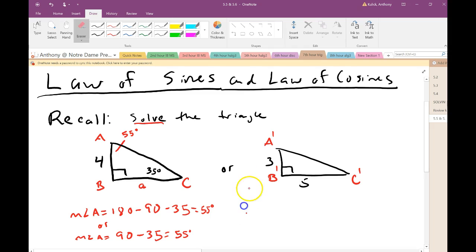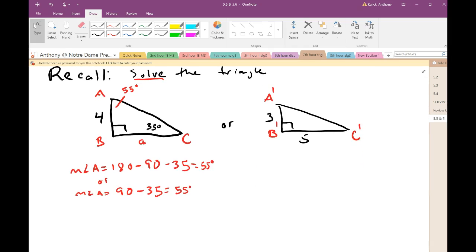So I'm going to look at what I know. What I know is either angle C or angle A, and then I know this side length. So let's pick one of angle A or angle C to work with. For the sake of argument, we pick angle A. It doesn't matter which one you choose.